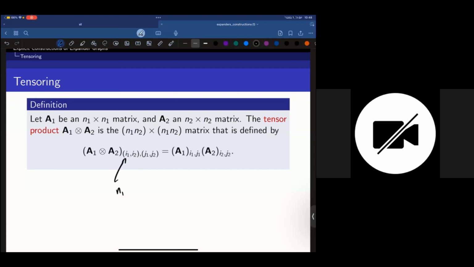So the row that I'm indexing is indeed in n1 times n2, and same here. The j1 is in n1, the j2 element is in n2. So the entry of this matrix at that row and that column is, and now you should just pray that everything's okay. You look at the first n1 by n1 matrix A1, you look at its i1 j1 entry, so everything is n1 times n1, you're happy, and you multiply that by the i2 j2 entry of the second matrix.